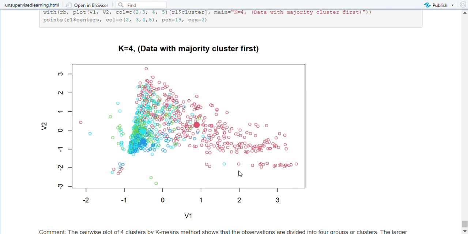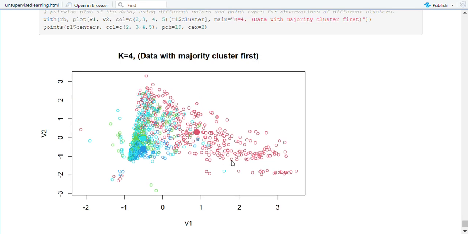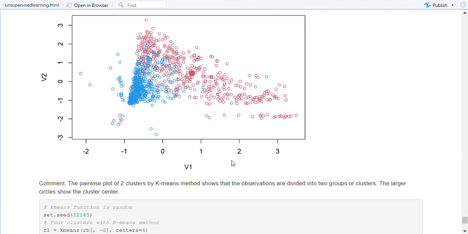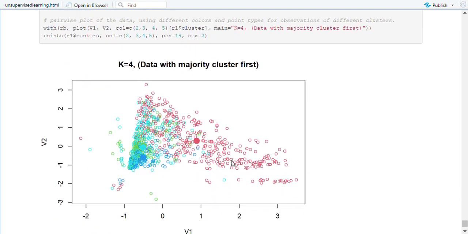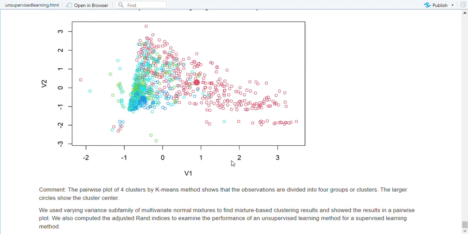We get the 4 clusters. The pairwise plot of 4 clusters by the k-means method shows that the observations are divided into 4 groups of clusters. The larger circles show the cluster centers.